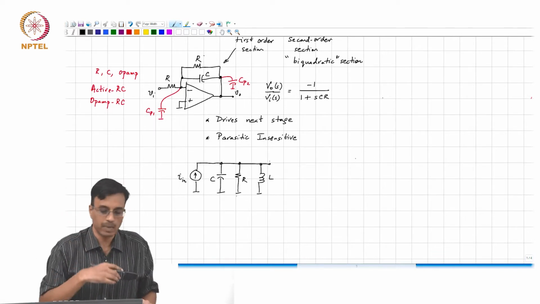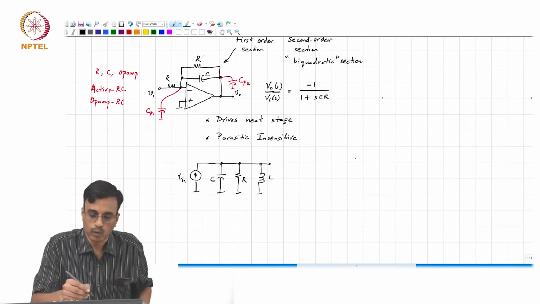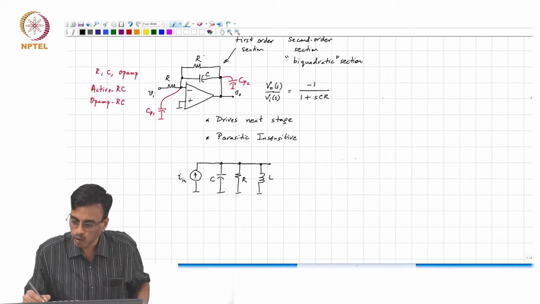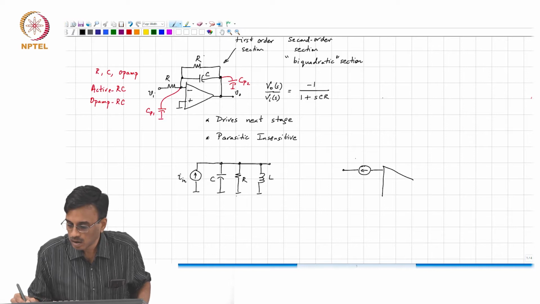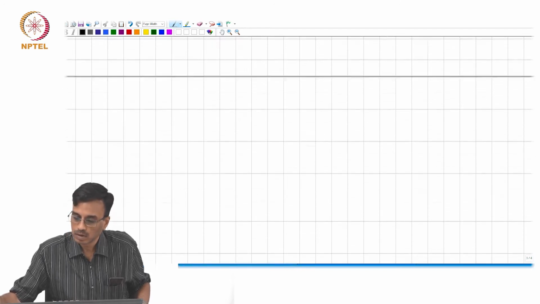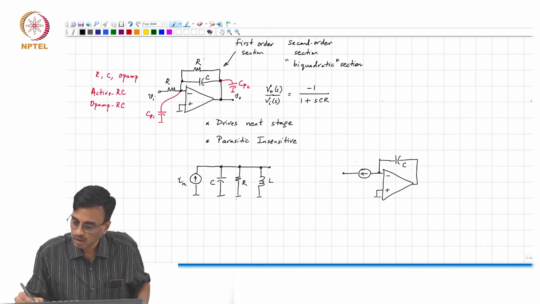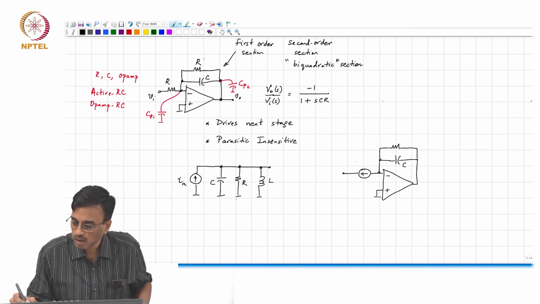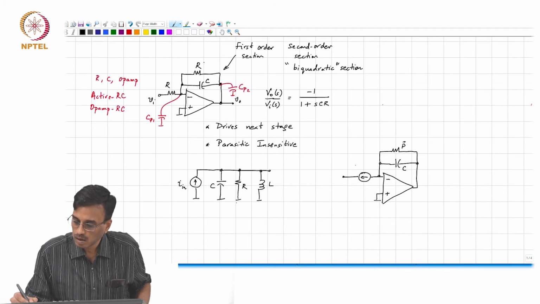So we'd like to have zero output impedance, and a straightforward way of avoiding loading is to say, okay, well, R and this is L, right?